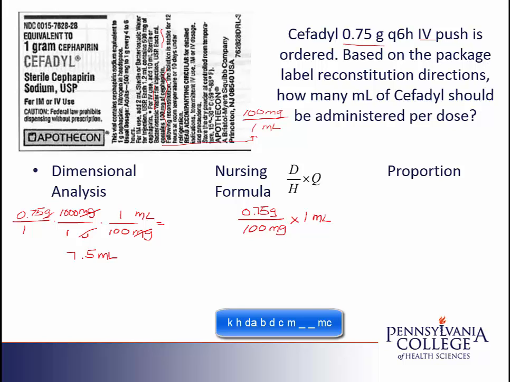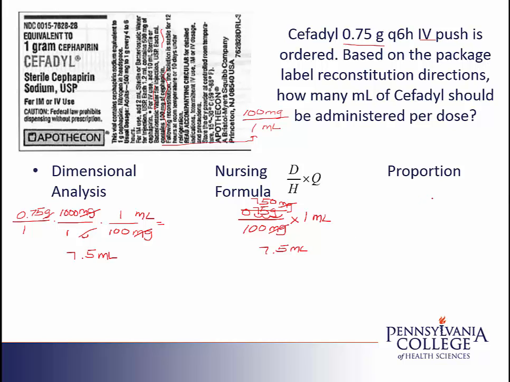The G is a base unit, and if I look at the jumps on the metric line, I need to move my decimal 3 places to get to milligrams. So this would be the equivalent of 750 milligrams. Now the labels do cancel and I can do the math. So cross out milligrams, 750 divided by 100 times 1, and I get an answer of 7.5 milliliters.